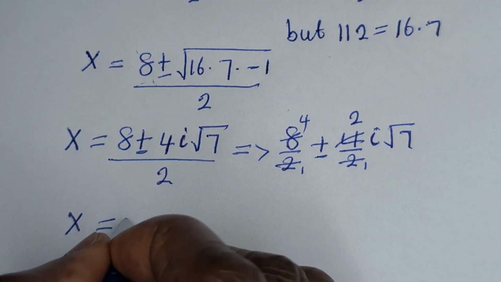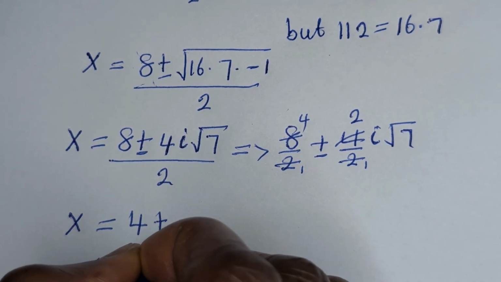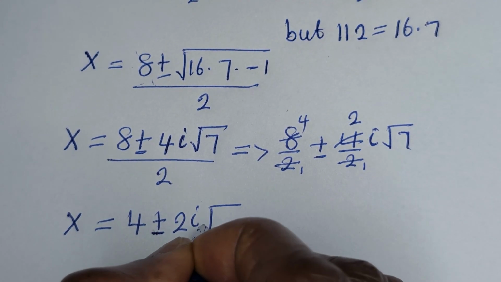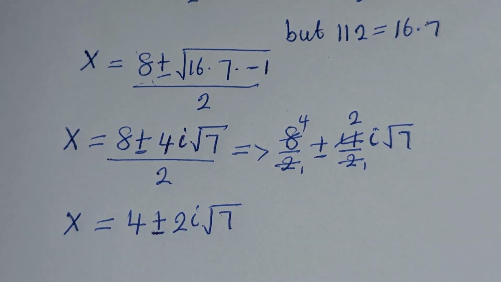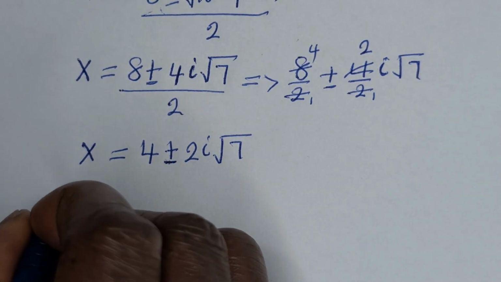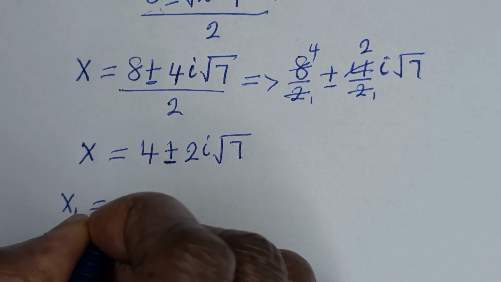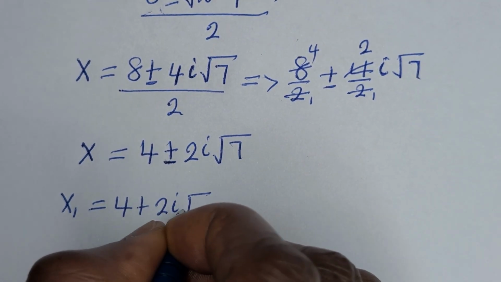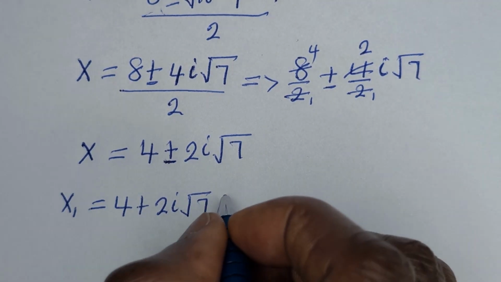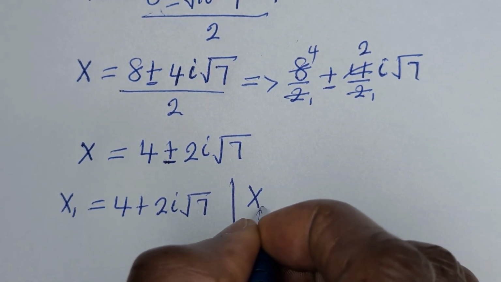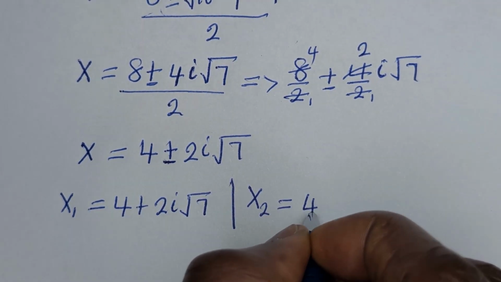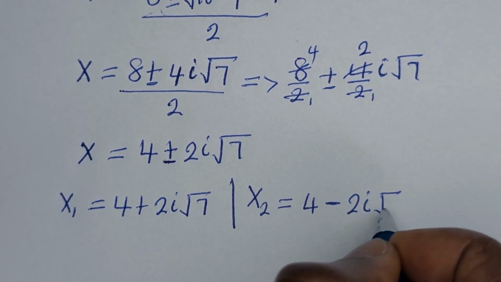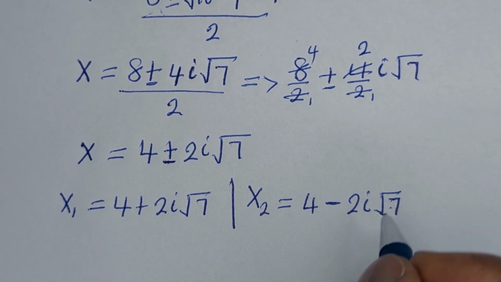s is equal to 4 plus or minus 2i square root of 7. Therefore, our final answers are s1 is equal to 4 plus 2i root 7, and then s2 is equal to 4 minus 2i root 7.